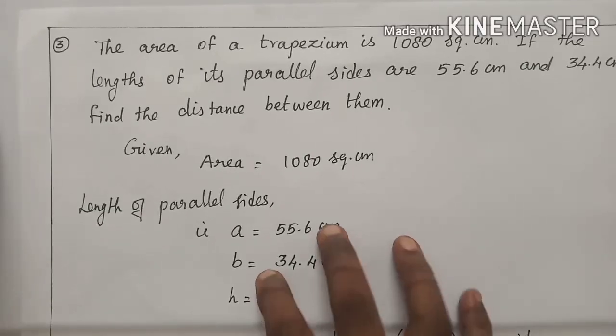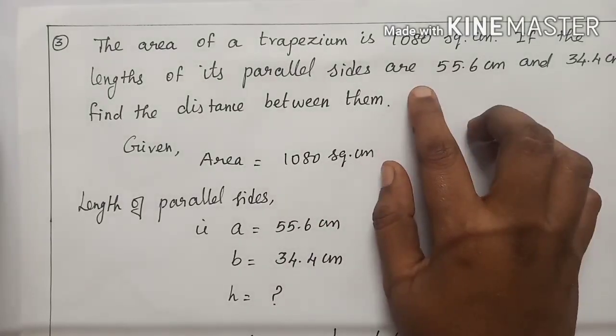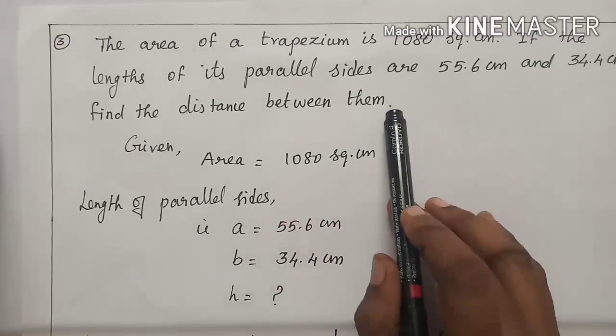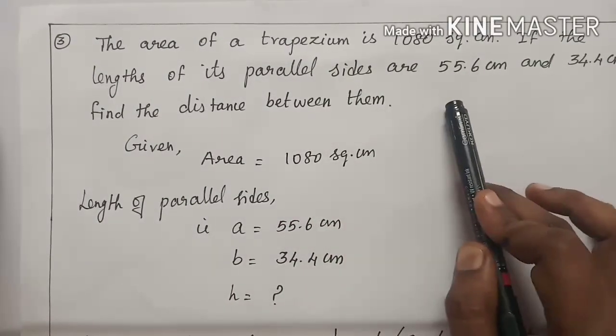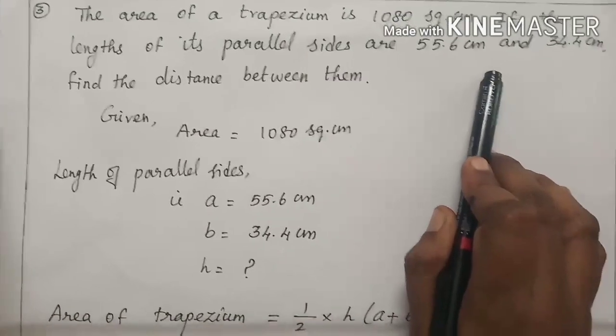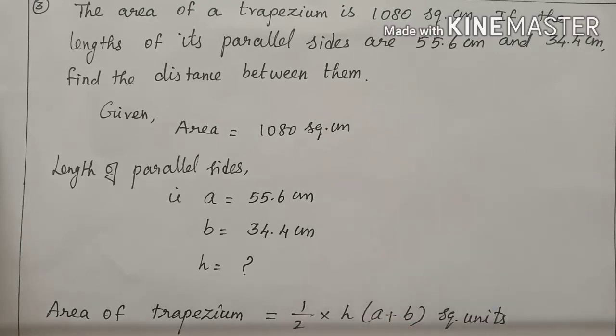The area of a trapezium is 1080 square centimeter. If the lengths of its parallel sides are 55.6 centimeter and 34.4 centimeter, find the distance between them. Here we have to find the value of h.